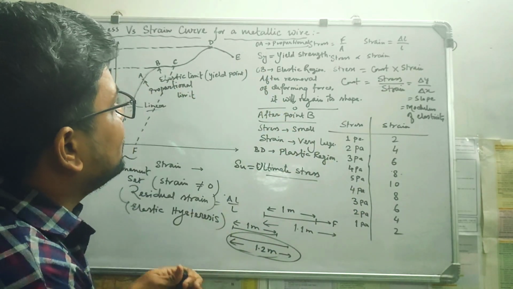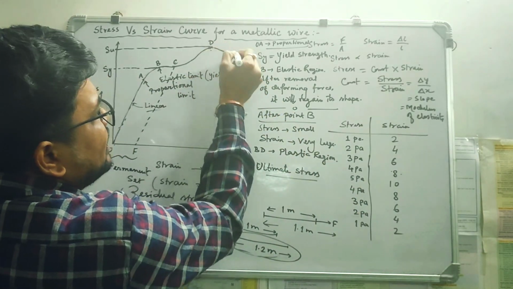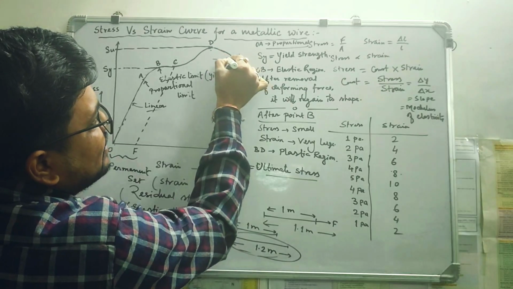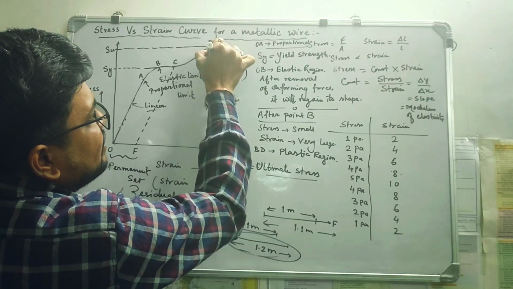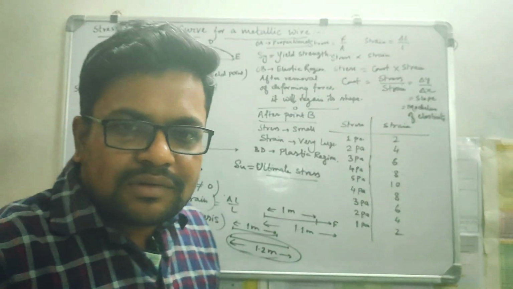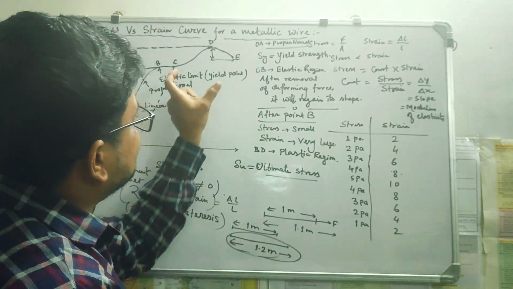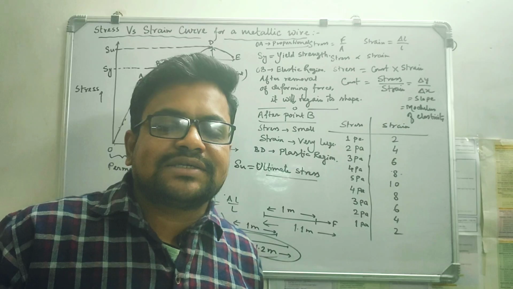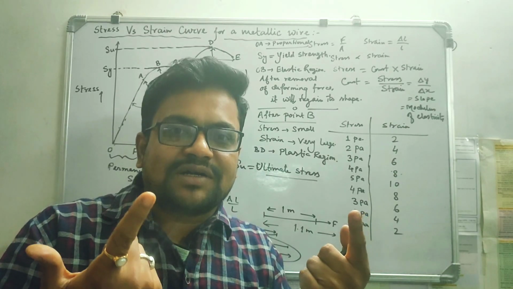This point actually means these two are very close, D and E. So what happens here, look at the stress: strain is continuously increasing. This is the strain zone and this is the stress zone. Stress is very small. So there is a small change of stress, but the strain is continuously increasing, and finally it fractures and breaks into two parts.